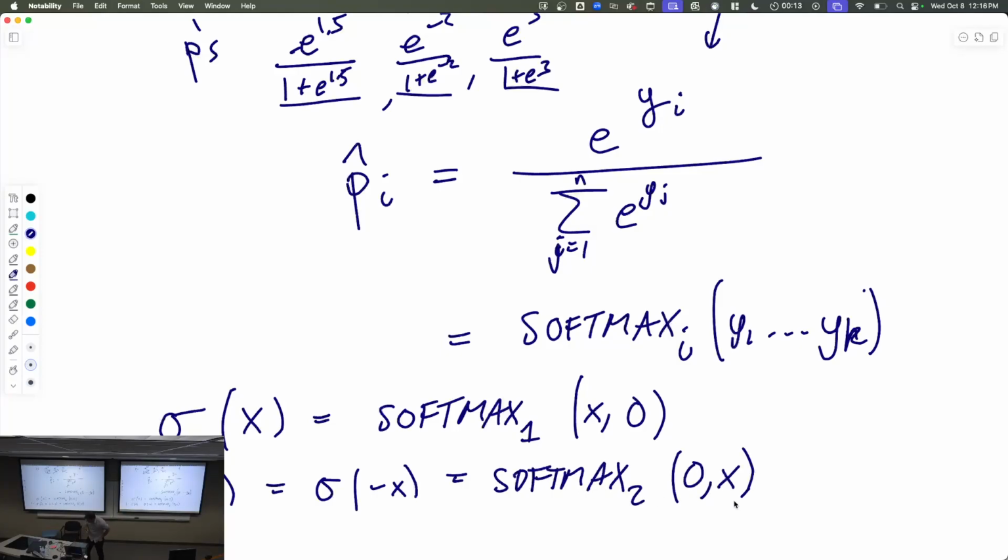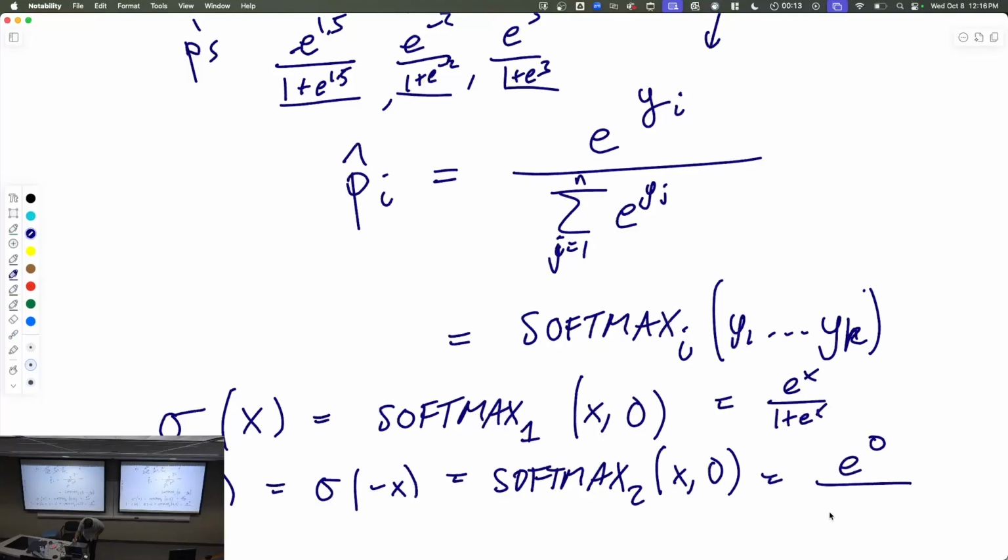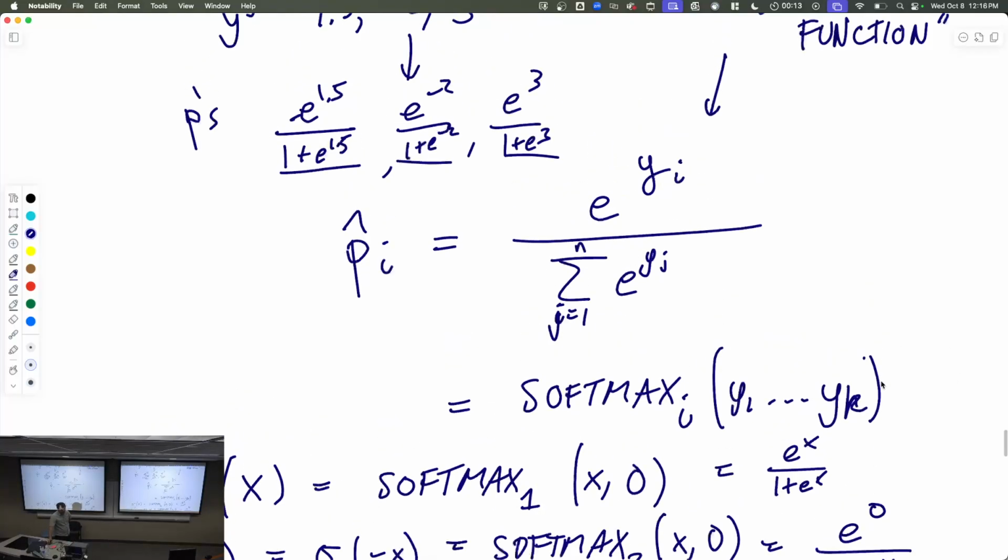So this is the softmax function, and it's used in all sorts of models. I don't want to switch them twice. You switch them once, and then it's fine. Okay, x comma 0. So this is e to the x over 1 plus e to the x, and this is e to the 0 over 1 plus e to the x. Very nice. Softmax and sigmoid, multi-class classification.